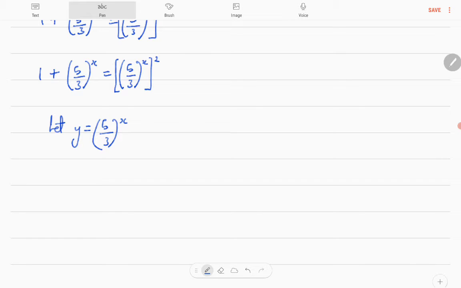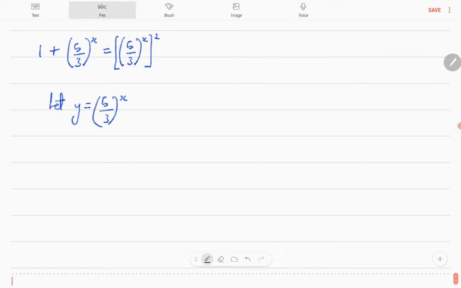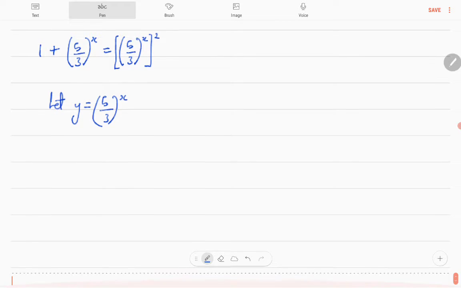Of course, 5 divided by 3 to the power of x is common on the left hand side and on the right hand side. So I can just make y equals 5 divided by 3 to the power of x. So when I make it equals to y, I'm going to have 1 plus y is equals to y.